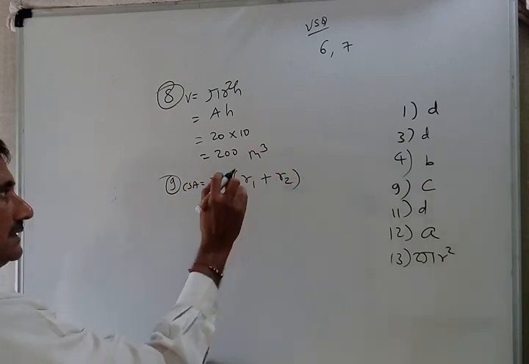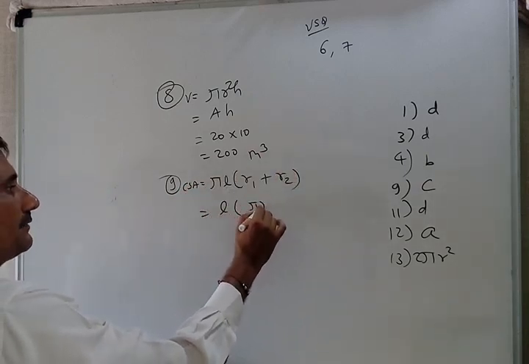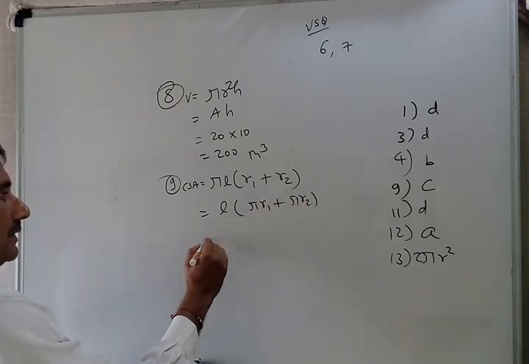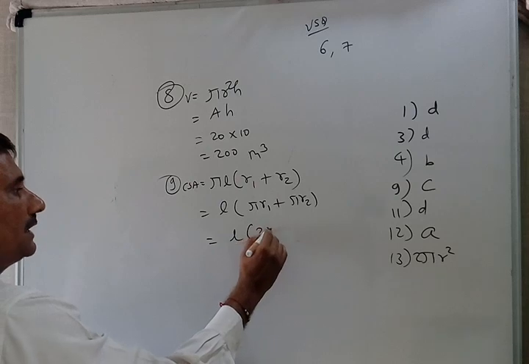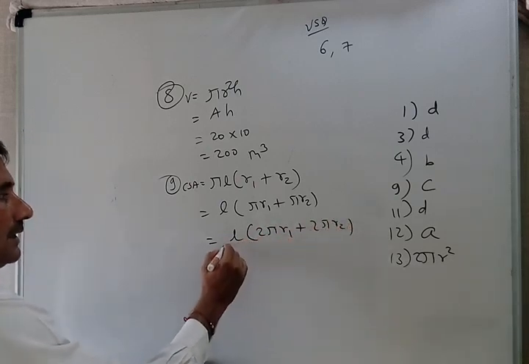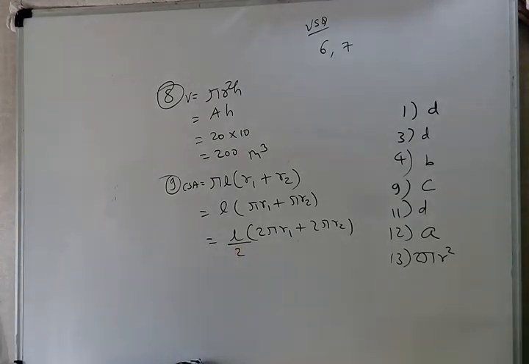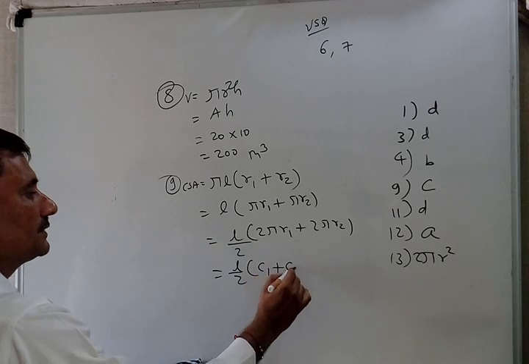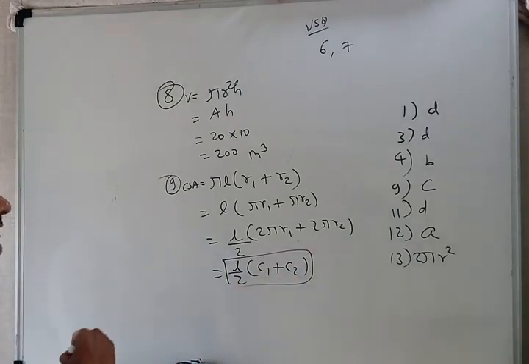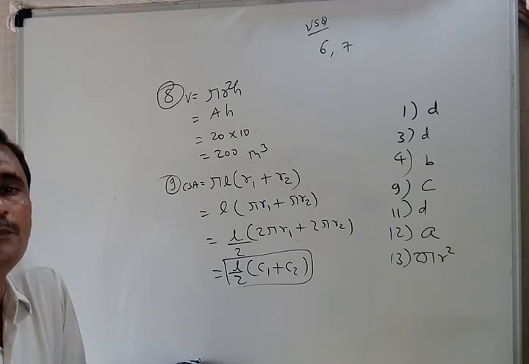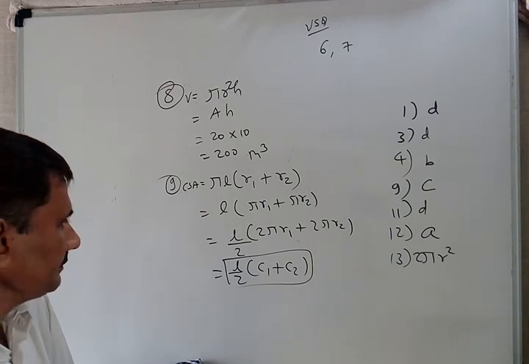Now take pi inside, so it is pi R1 plus pi R2. Now we want 2 here, so multiply by 2: 2 pi R1 plus 2 pi R2. But you cannot just multiply by 2, you have to divide by 2 also. So it becomes L upon 2 (C1 plus C2). You have to remember this also. Directly you can give the answer, because we already used it in the second question of 13.4.